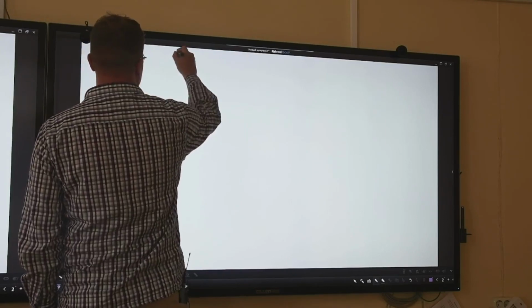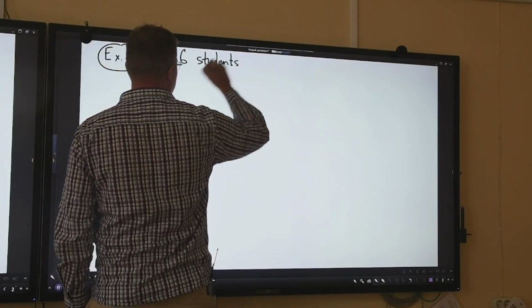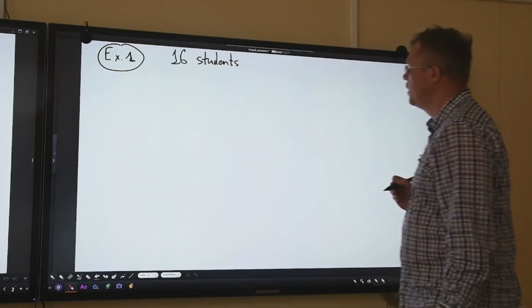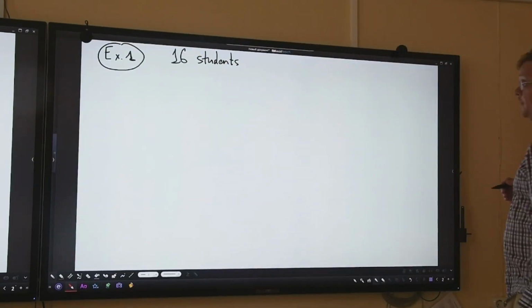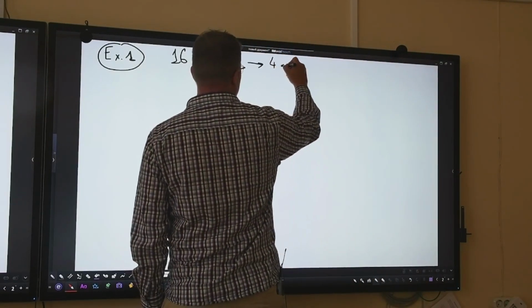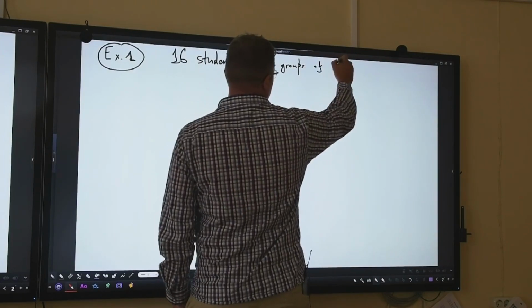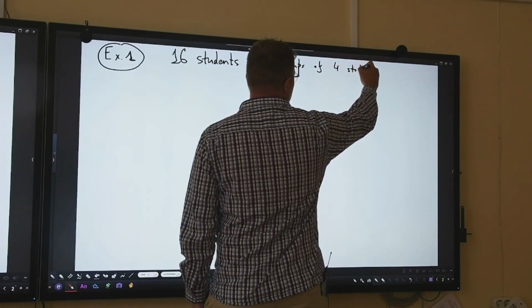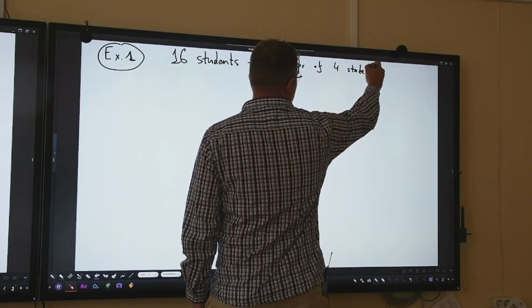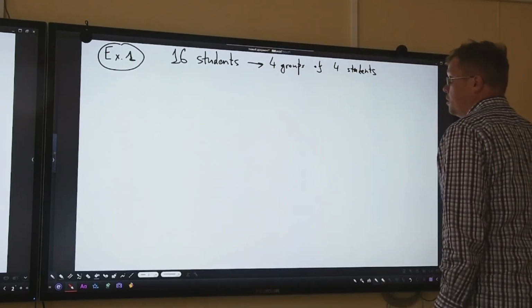Suppose we have 16 students and we want to divide them into 4 groups containing 4 students each.